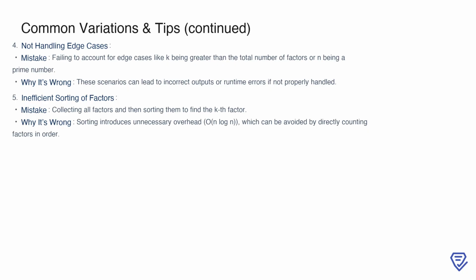Some approaches collect all factors and then sort them to find the kth factor. However, sorting introduces unnecessary overhead, with a time complexity of O(n log n). This can be avoided by directly counting factors in order as you iterate, making your solution both cleaner and faster. By addressing these issues, you can ensure your solution is robust and efficient.